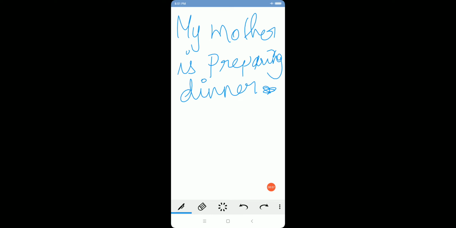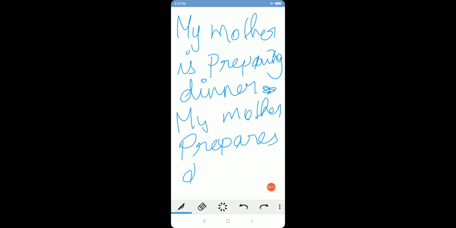So what is simple present tense? My mother, what will come? Do form or does form? Does form. My mother prepares dinner. Understand? So this is how you have to convert a present tense sentence into all the four present tenses.